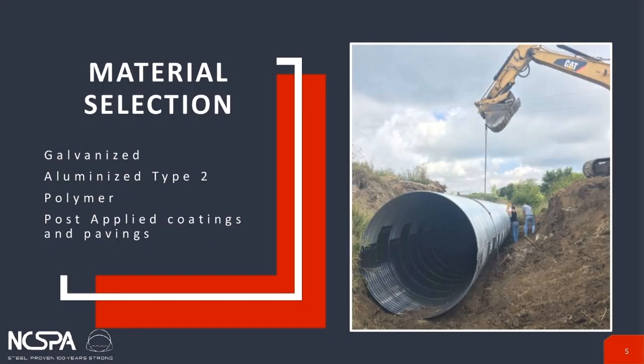As a quick review, on our first webinar, we discussed the types of coatings available for corrugated steel pipe. These coatings include galvanized or zinc-coated CSP, aluminized type 2, polymer laminated, and post-pipe fabrication applied coatings and pavings such as asphalt coating and concrete linings.